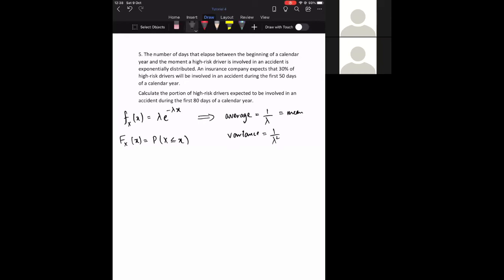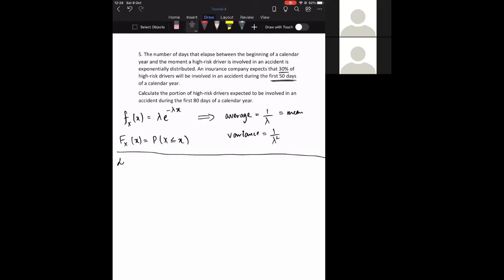So for our question, we're given that in the first 50 days, the probability is 0.3 of a highest-risk driver being involved in an accident. So these were the definitions.